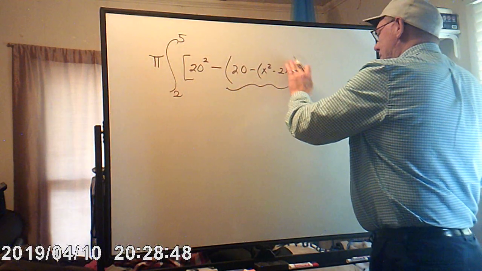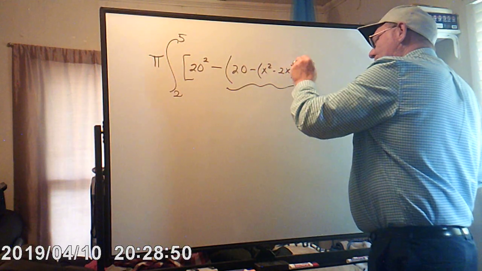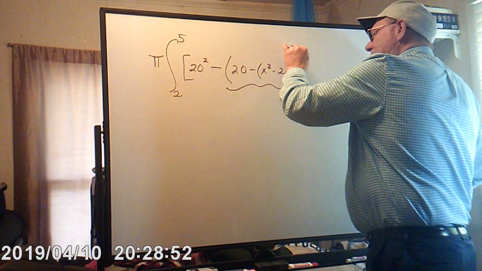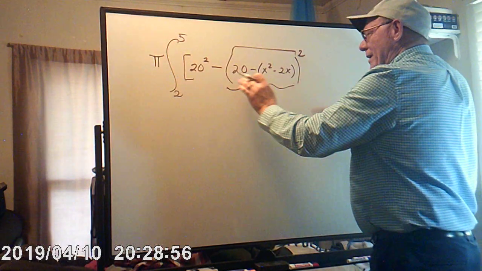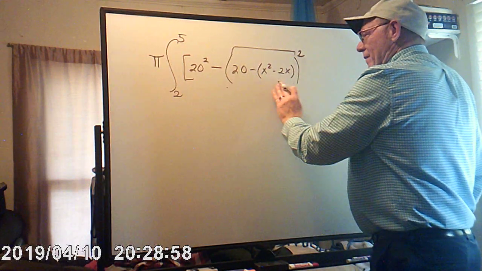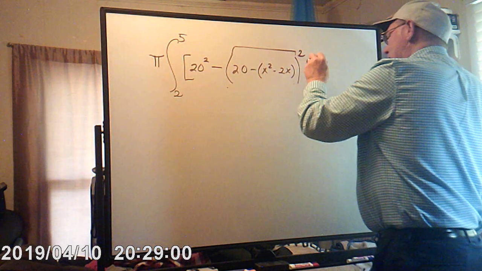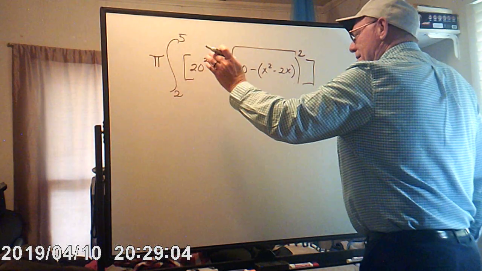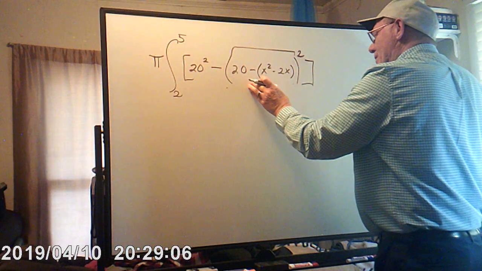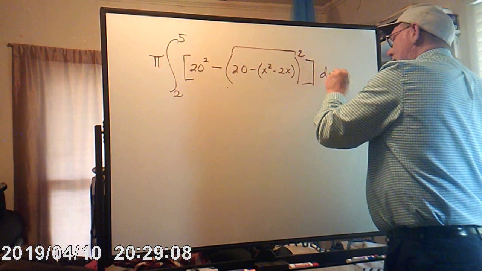To get this, you've got to get it all squared, you've got to match these two parentheses here. Now you can square all of that, see? And then you've got this bracket over here. So bracket here. Now you've got everything done. This squared minus this squared. Now dx right there.